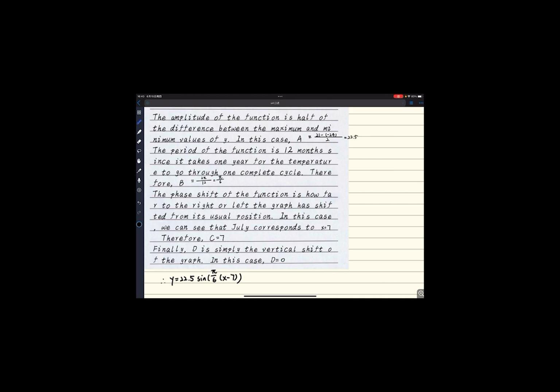Finally, d is simply the vertical shift of the graph. In this case, d equals 0. Putting it all together, we get y equals 22.5 times the sine of pi over 6 times the quantity x minus 7.